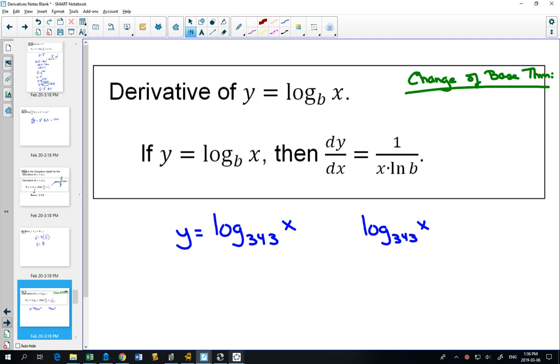The change of base theorem for logarithms says if you have a log base a of anything m, you can change it to any base you want.